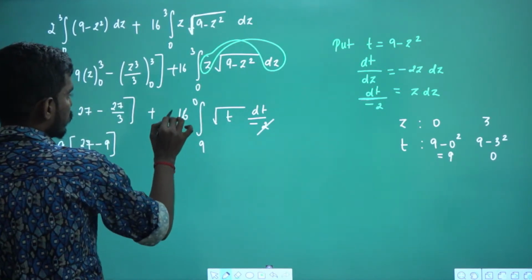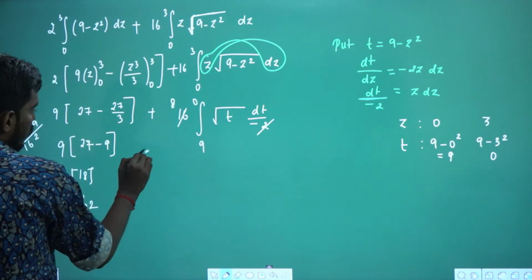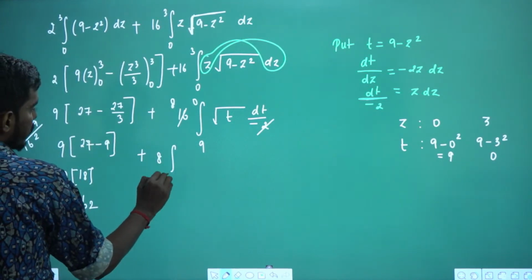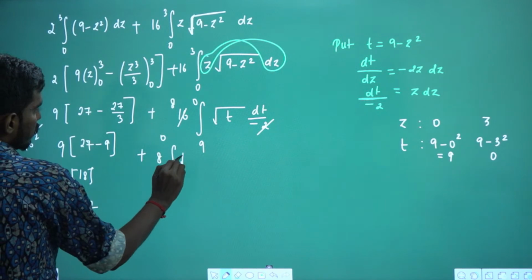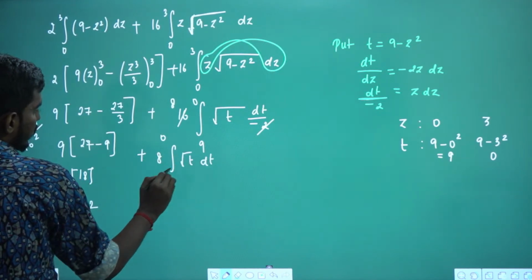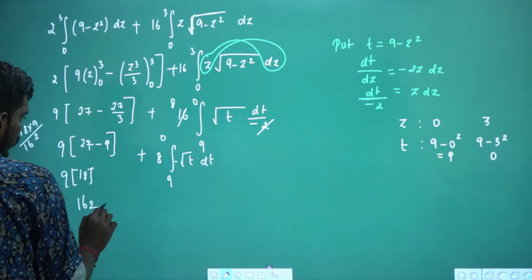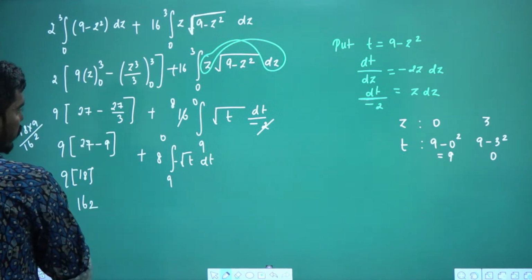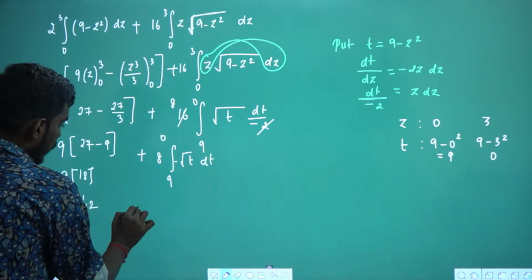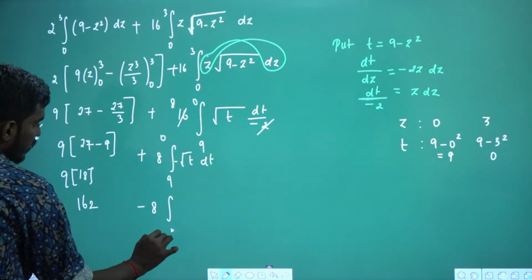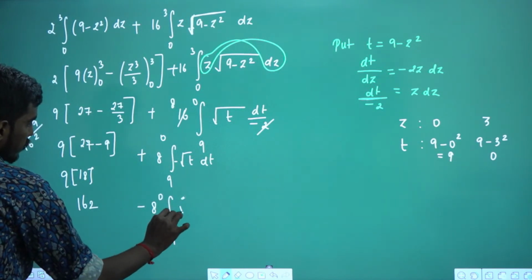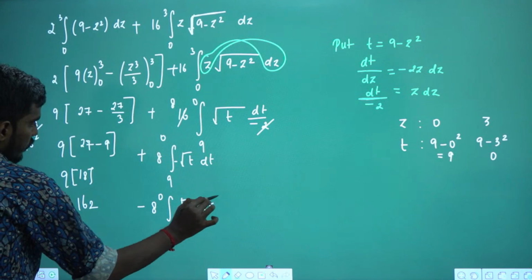So 16 by 2 will be 8. So we will have 8 times integration of 9 to 0 root t dt by minus. See, this first part is 162, right? So we will have minus 8 times integration of 9 to 0 root t dt.